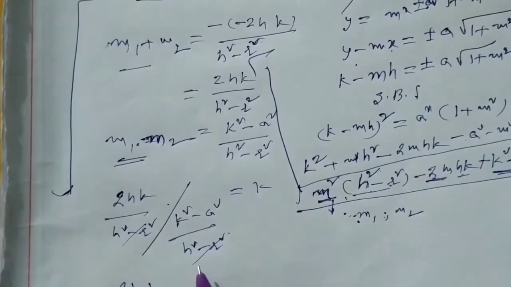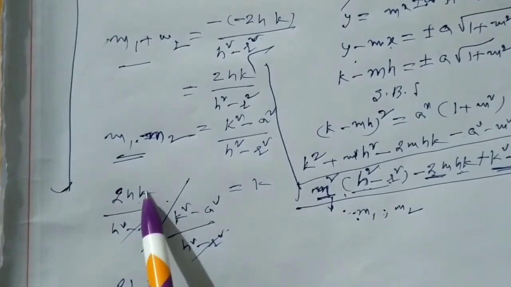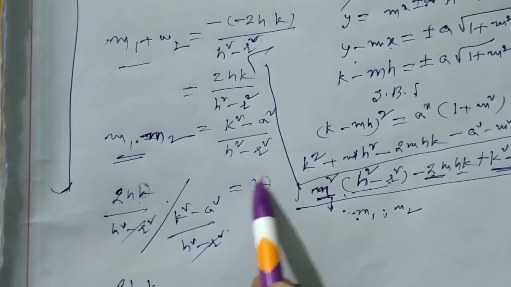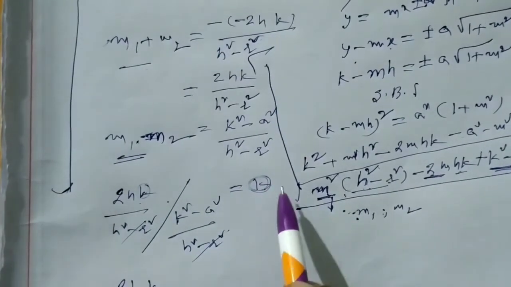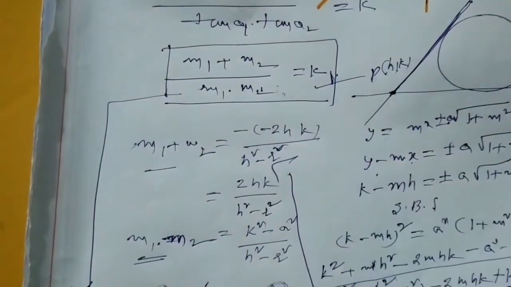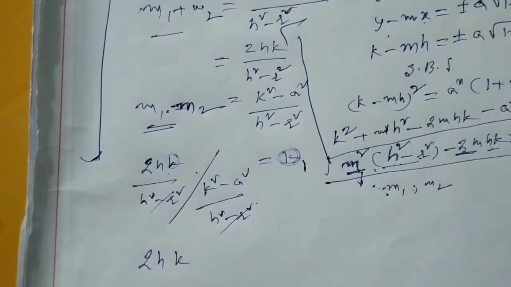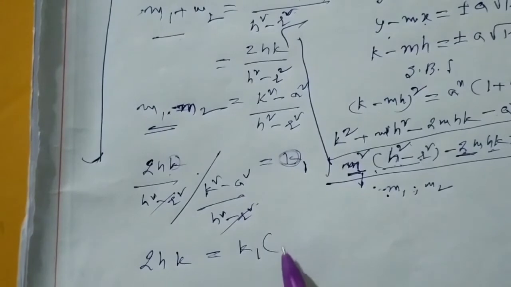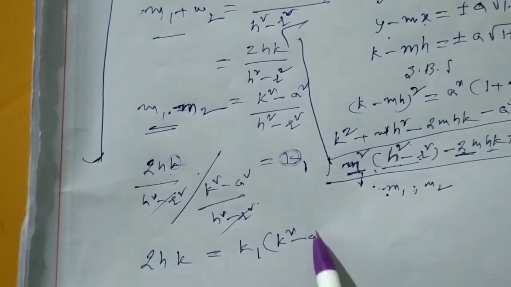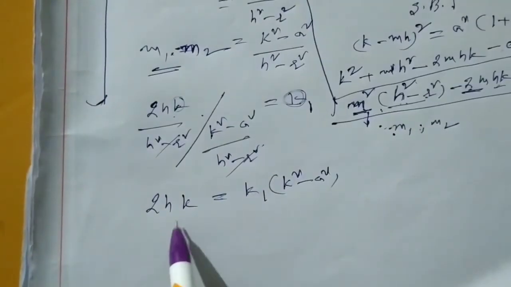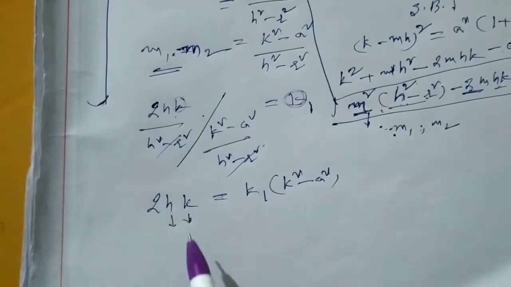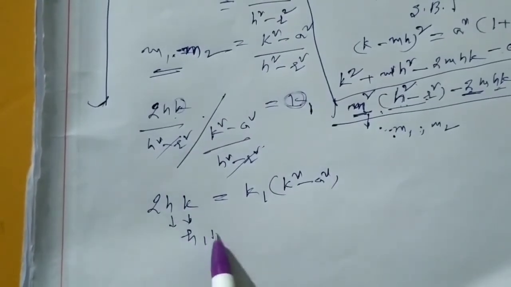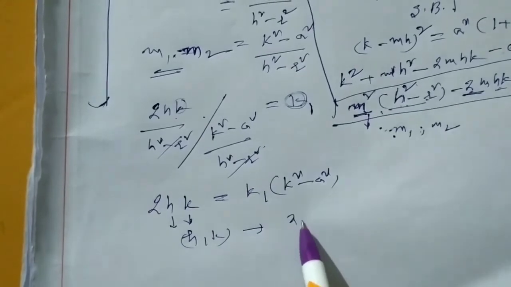Make a note here, h comma k, this k is different from this k given in the problem. Let us assume sometime it is k1. So what happens, 2hk is equal to k into k1 into (k square minus a square). To get the required locus, replace h comma k with x comma y.